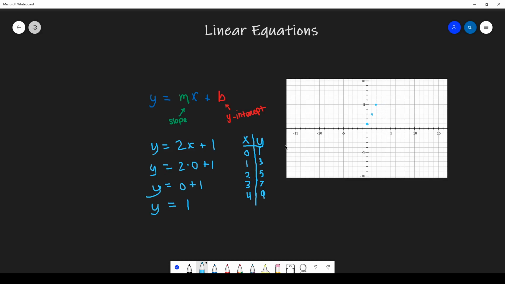So (2, 5), (3, 7), and (4, 9). So now we can just follow along this line. Very simple. And the line will also go into the negative, so remember that.